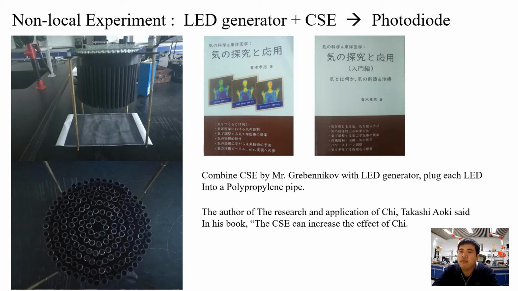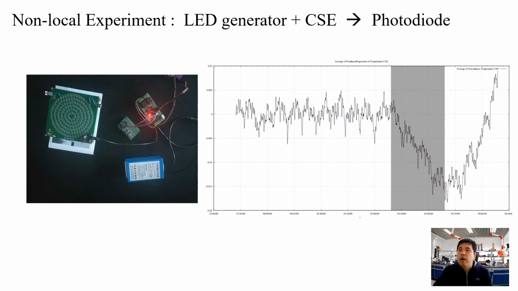So the finished device is on the left. For testing the LED generator and the CSE, I made a random time generator. When it's turned on, a random time between 0 o'clock and 4 o'clock will be generated and stored in the microchip.